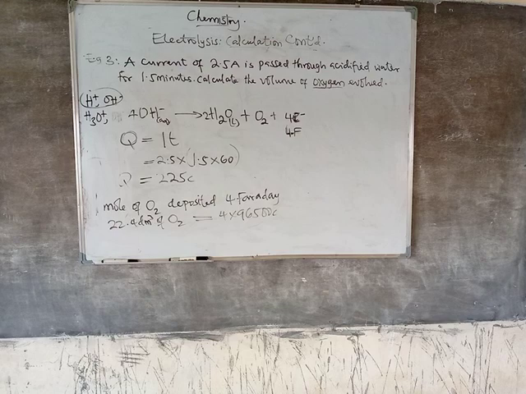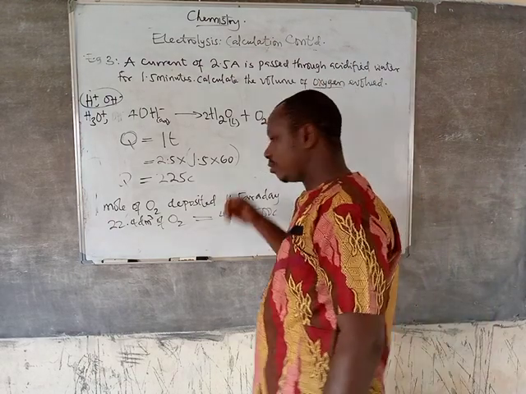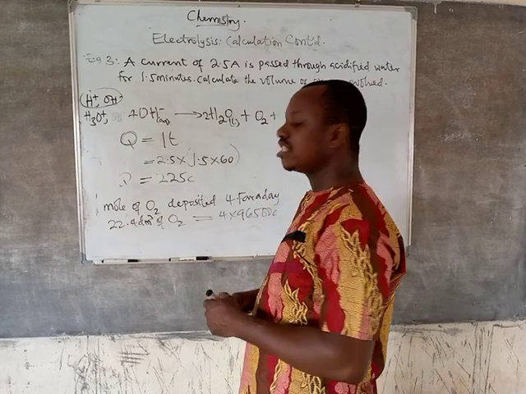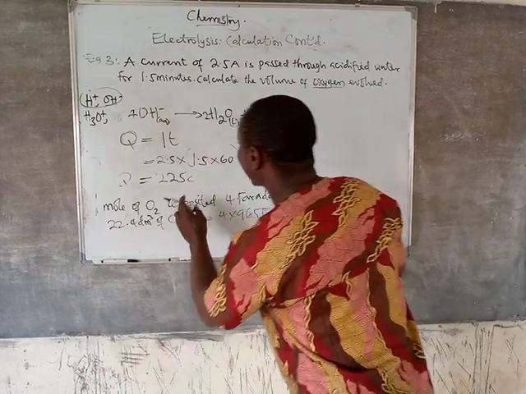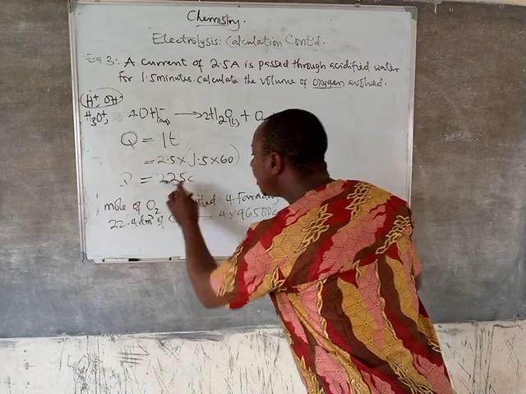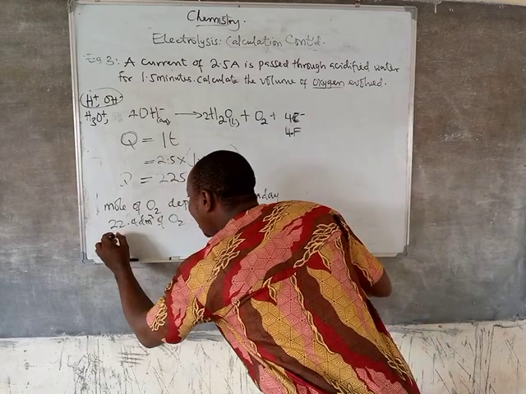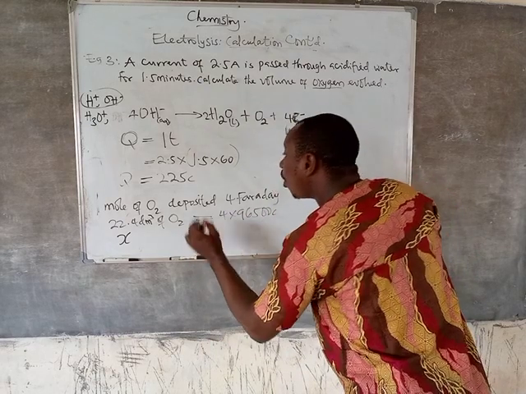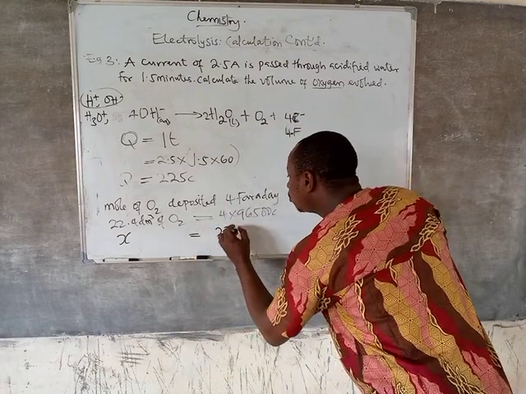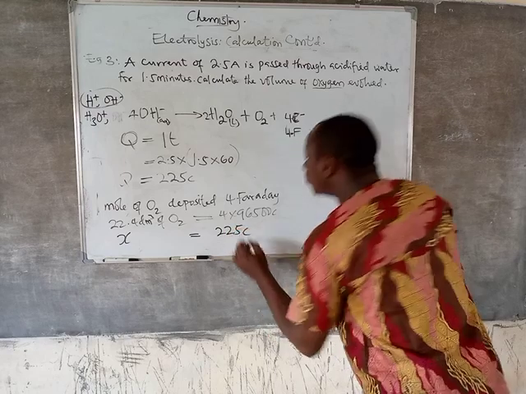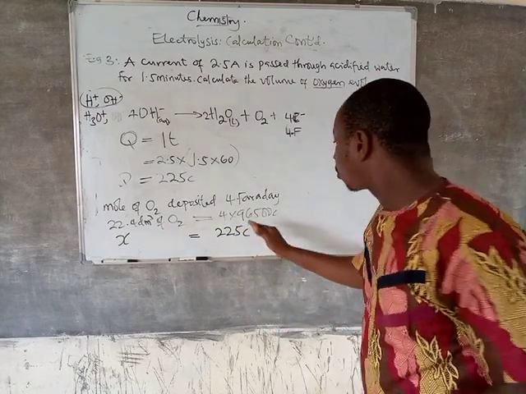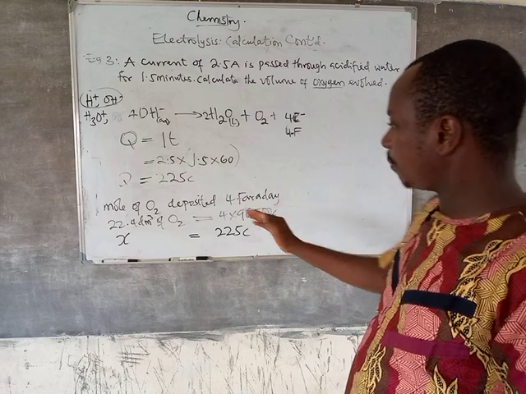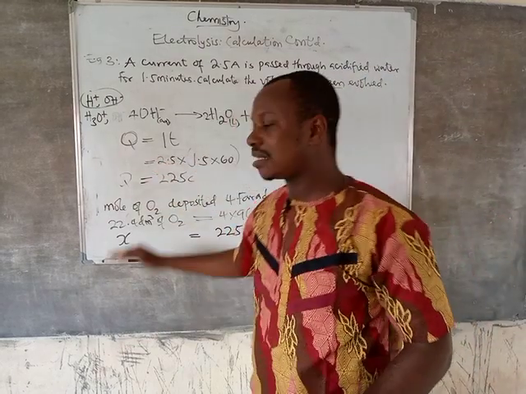Now remember they asked us what volume of oxygen is deposited. We have calculated this column. It then means that X volume of oxygen will be deposited by 225 coulomb. I told you in the last video, let coulomb be one side, it's a little proportion, and let the dm3 or the mass be one side.